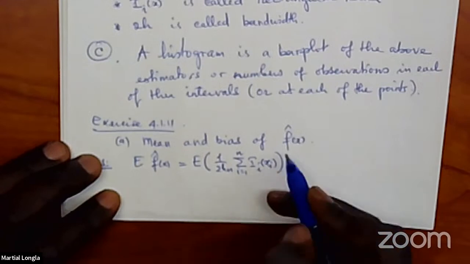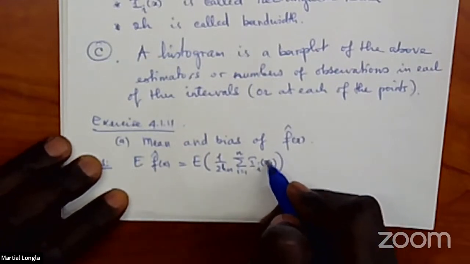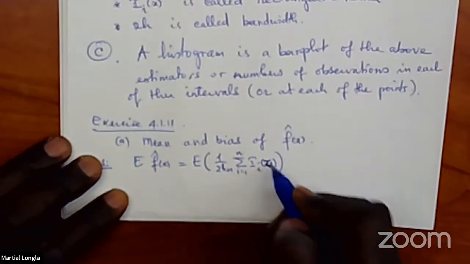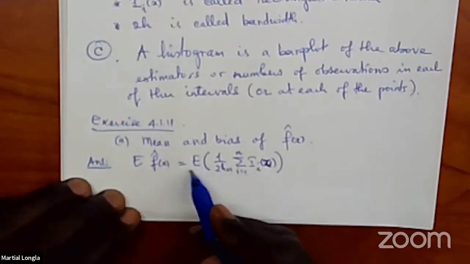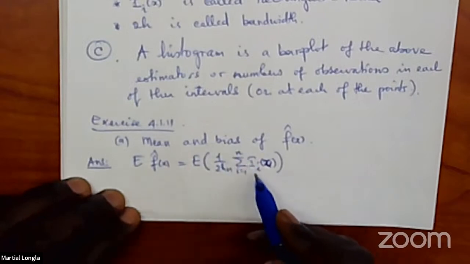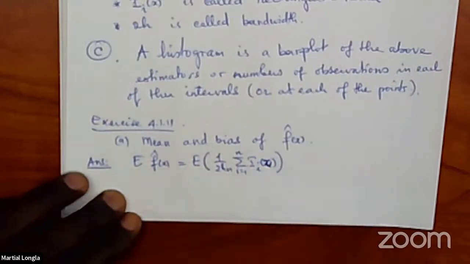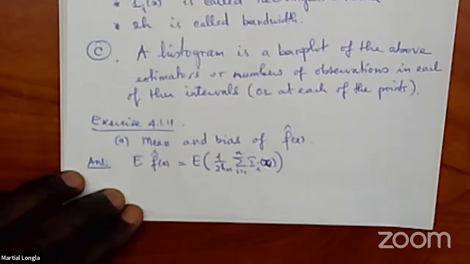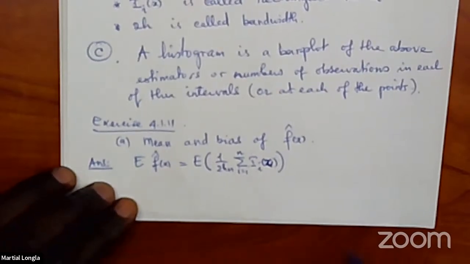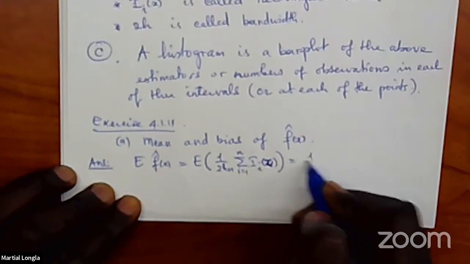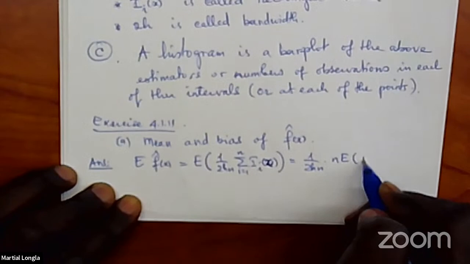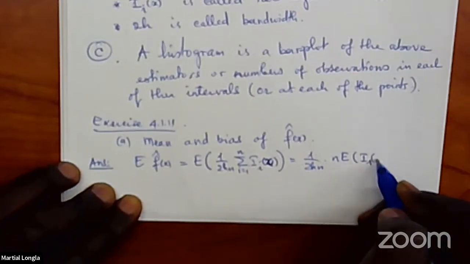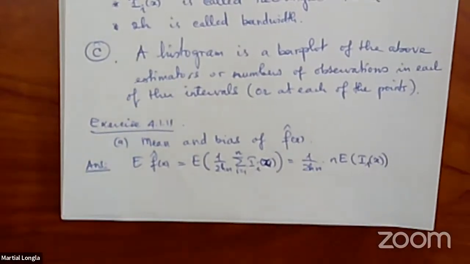Because the random variables are independent and have the same distribution, the expected value of I of X is the same for all of them. So this is equal to 1 over 2HN times n expected value of I1 of X, because they are all equal. Does that make sense?